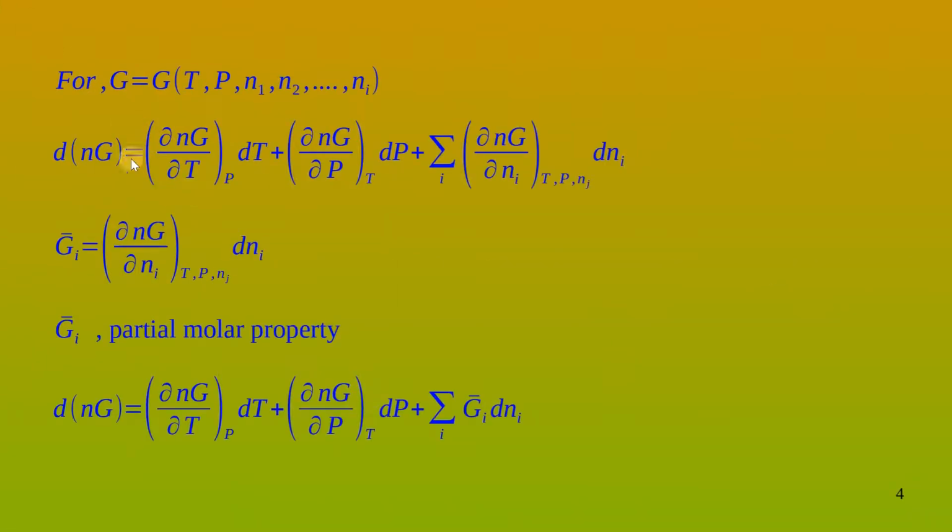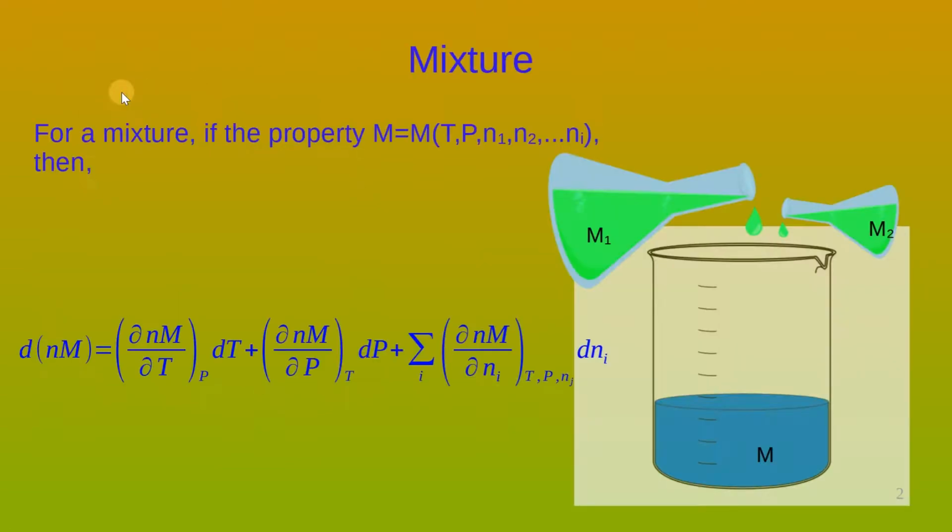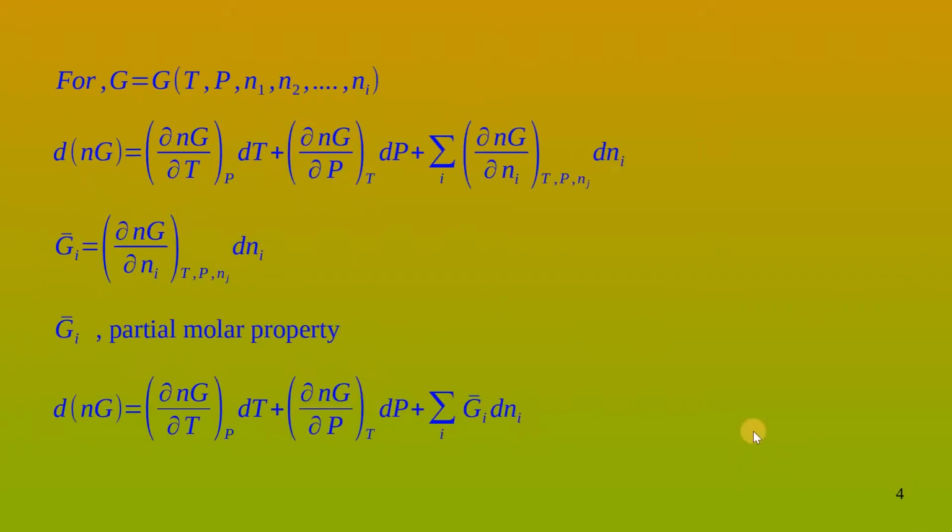Now, Gibbs free energy of this mixture is going to be a function of temperature, pressure, and the number of moles or the amount of moles of each species in the mixture.